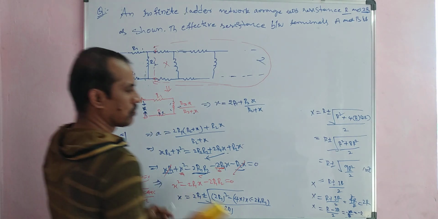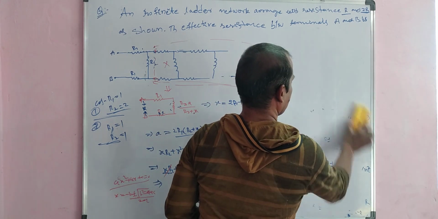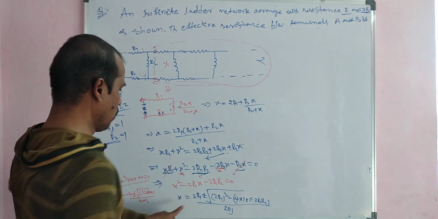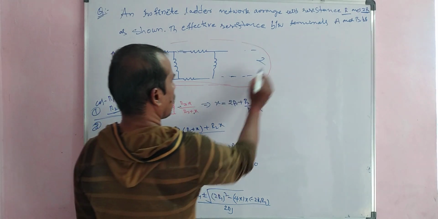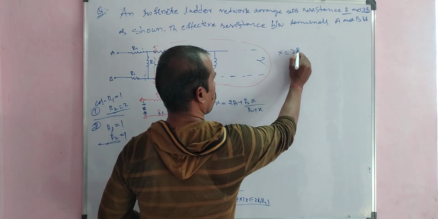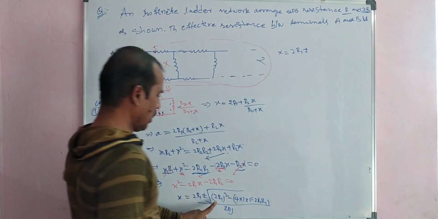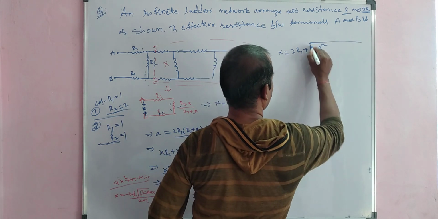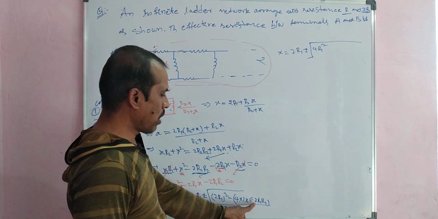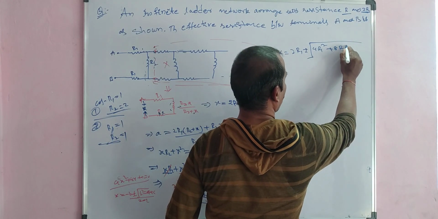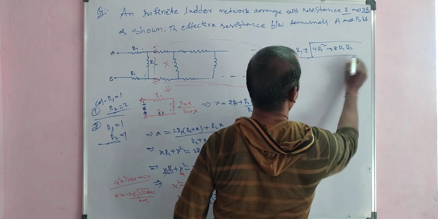Next step: the effective distance of this circuit x is 2r1 plus or minus under root of 4r1 square plus 8r1r2, by 2.